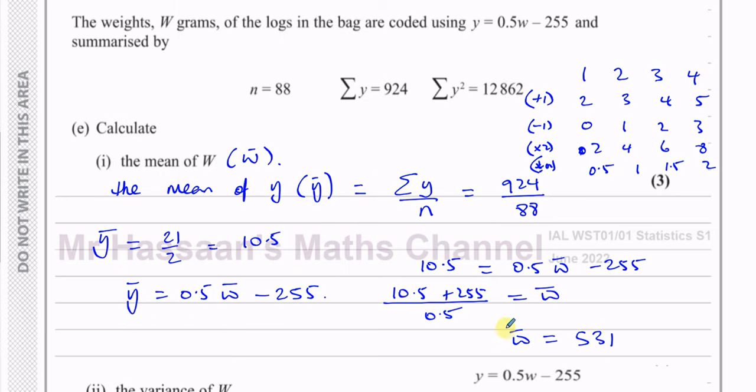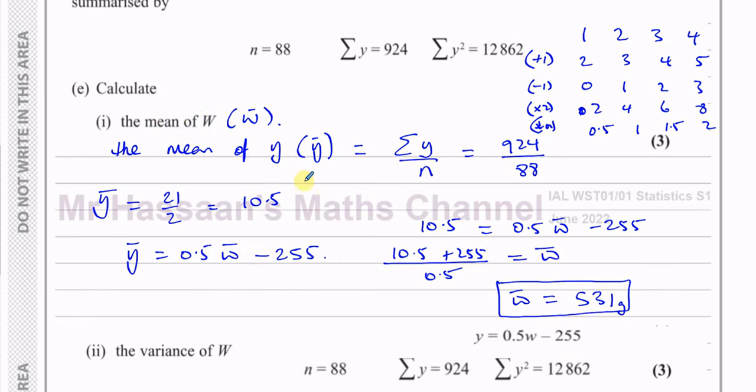That is the actual mean, 531 grams, the actual mean of the weights of the logs in the bag. Okay, so that's the answer to E part 1.